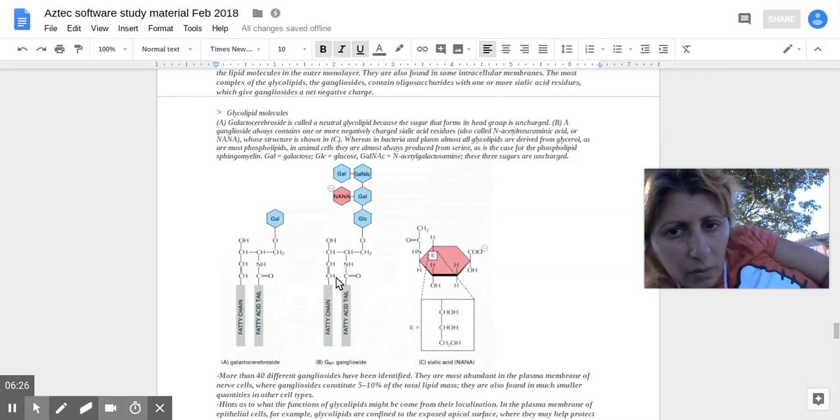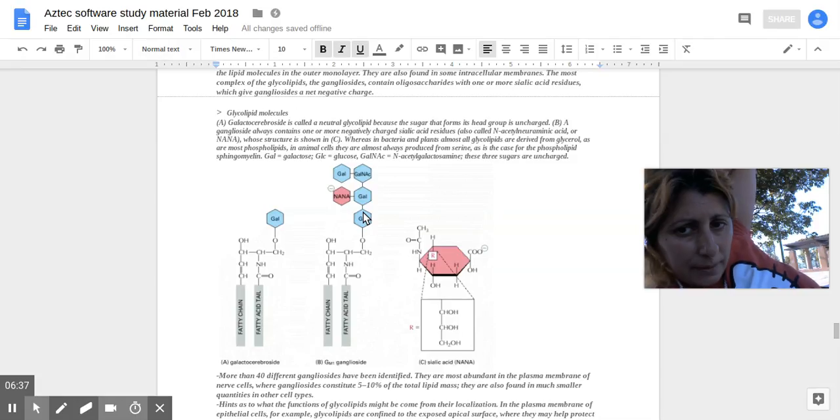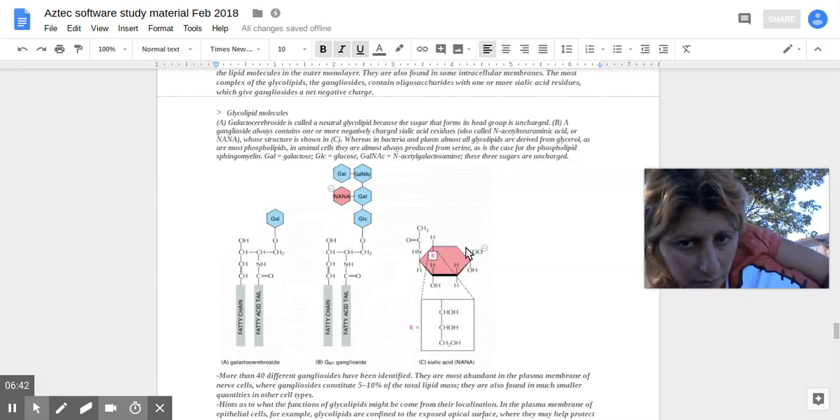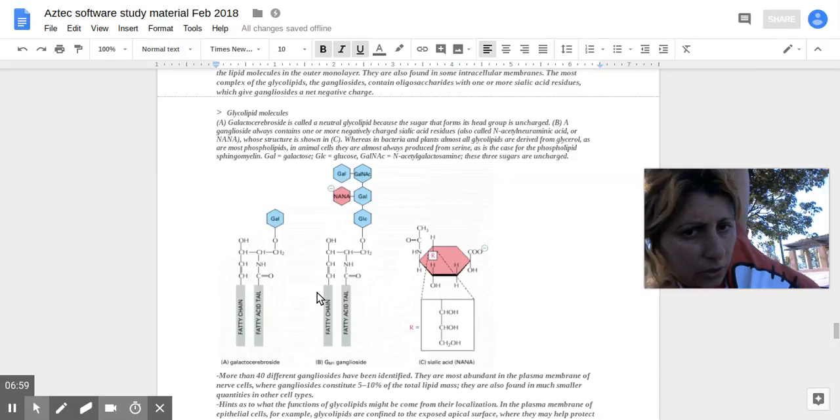A ganglioside always contains one or more negatively charged sialic acid residues, also called N-acetyl-neuraminic acid or NANA, whose structure is shown over here. In bacteria and plants, almost all glycolipids are derived from glycerol, as are most phospholipids. In animal cells, however, they are almost always produced from serine, as is the case for the phospholipid sphingomyelin.